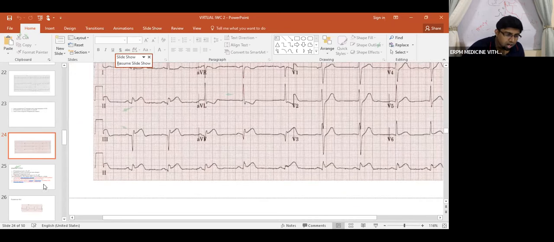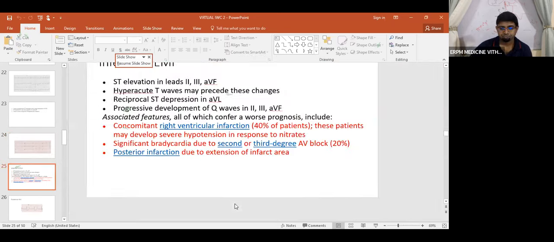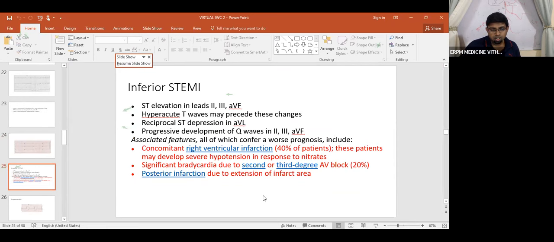I just want to tell you a few points here. Listen to me. Remember, this inferior MI can be associated with a right ventricular MI. You may remember the point I discussed earlier.